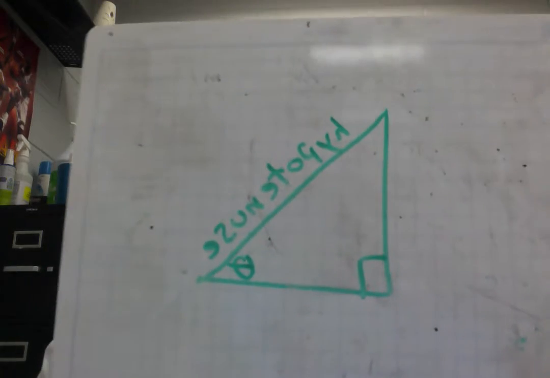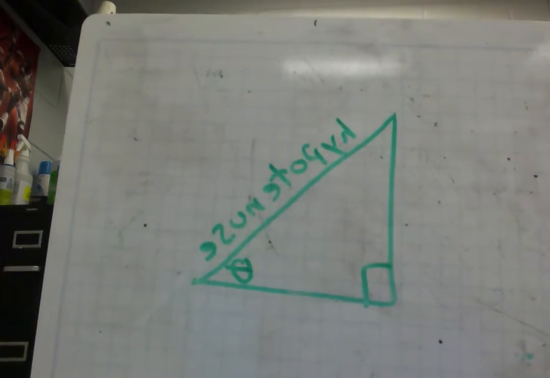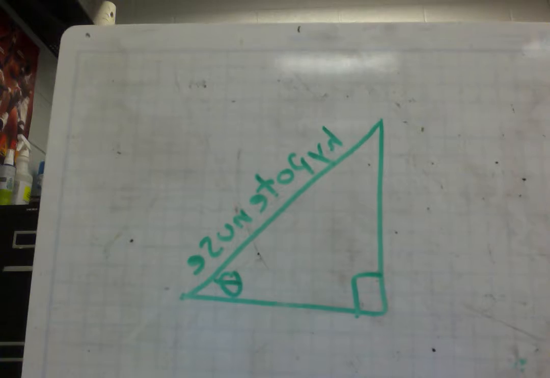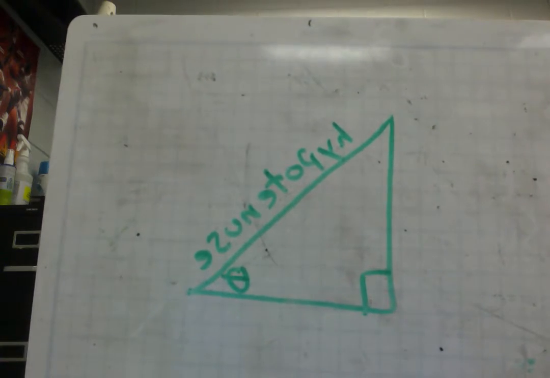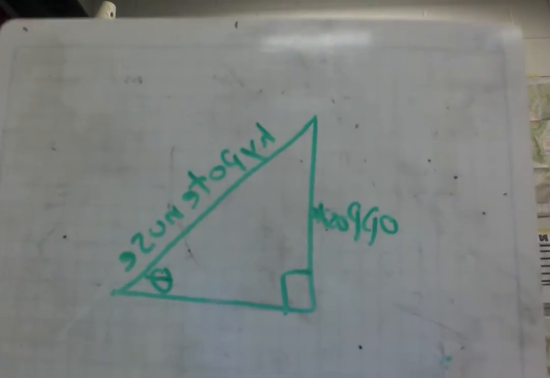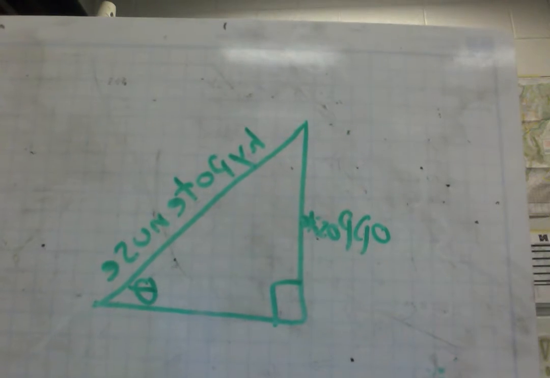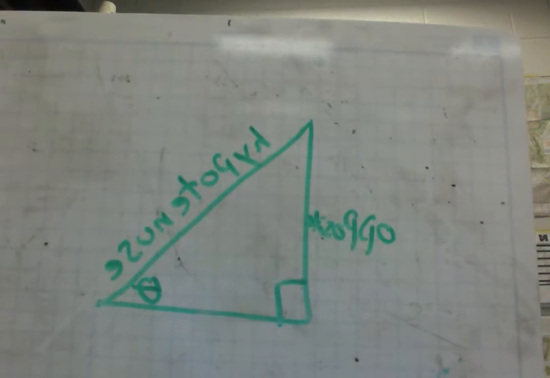Now the other two sides depend on where your angle is. So I just put a circle with a line through it. That is the Greek letter theta. So that's what I'm going to be using to represent the angle measure that we have. Okay, so if we're using that angle, then this side over here is the opposite, because it is the side that is furthest away from the angle.